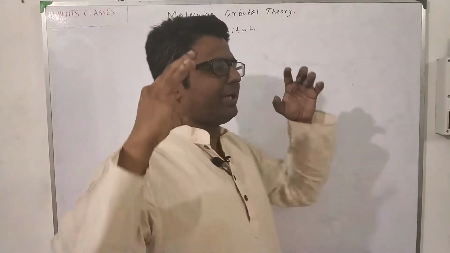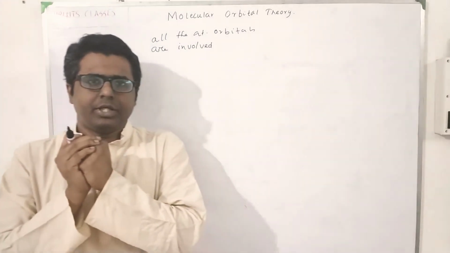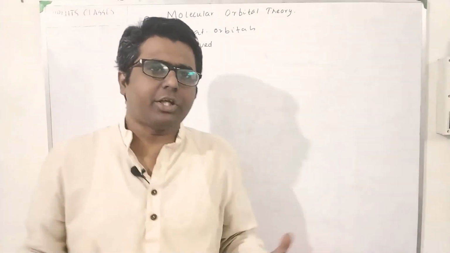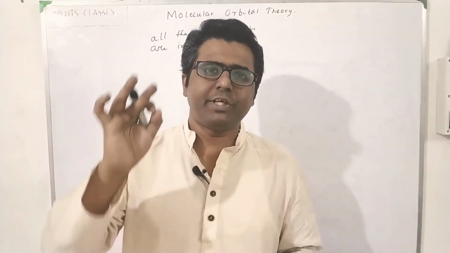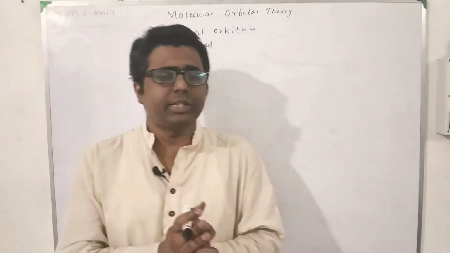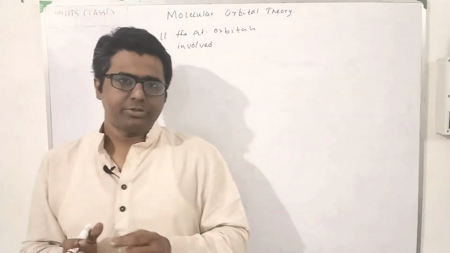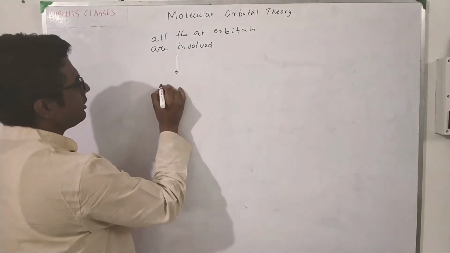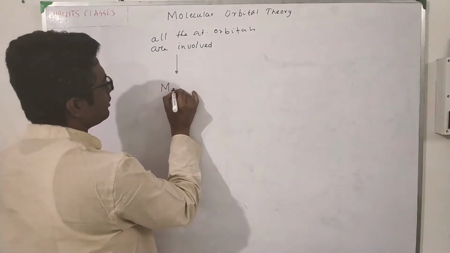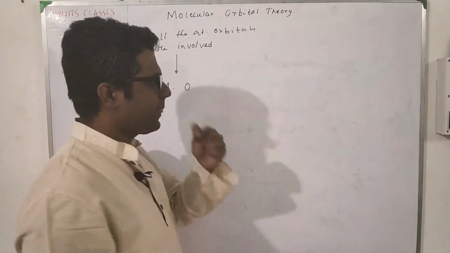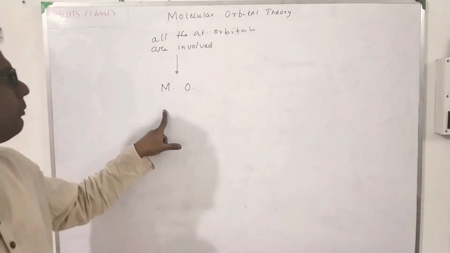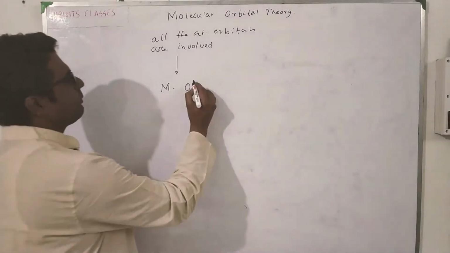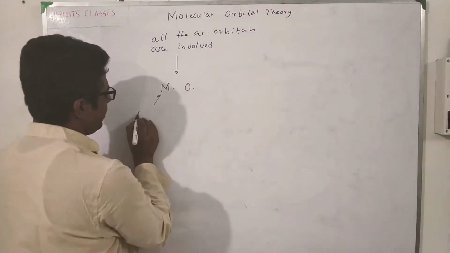After these atomic orbitals are involved together, they form a new generation of orbitals which is specific to the molecule and has no relationship with the atoms. That orbital is called a molecular orbital. This is specific to the molecule.